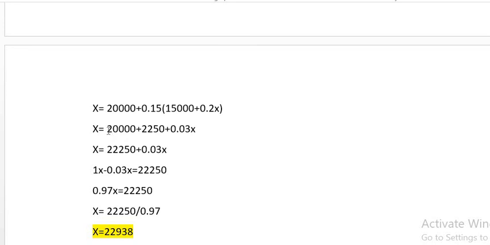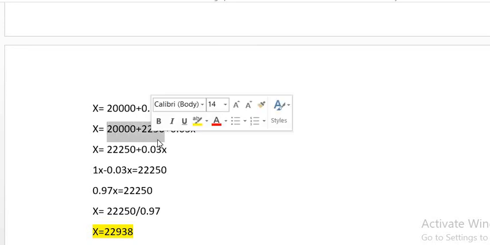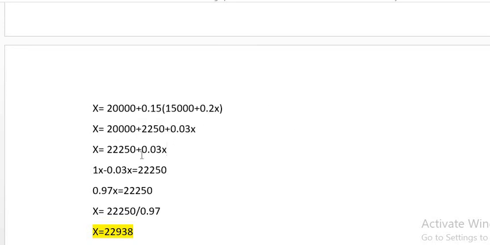Now we have to add 20,000 plus 2,250. It comes to 22,250 plus, as it is, 0.03X. Here X denotes 1X.